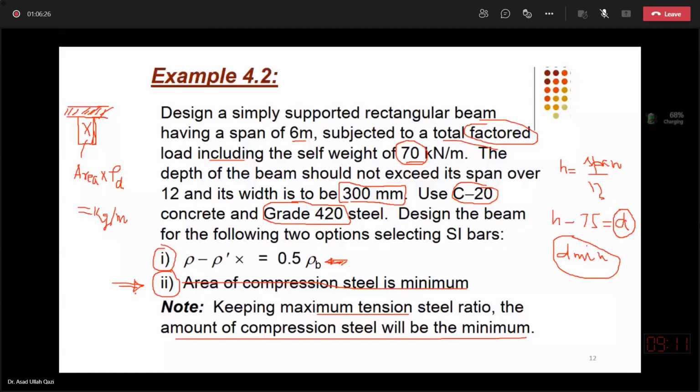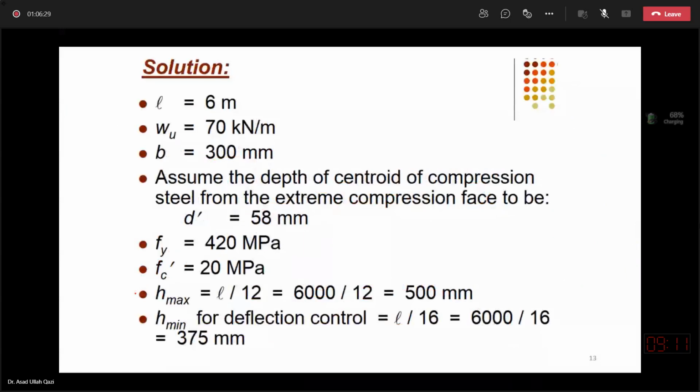Given data is span, load, width of the beam. Furthermore, the questioner is fixing the effective depth of the compression steel. I may say D prime for the compression steel. So it is not left to you to decide.